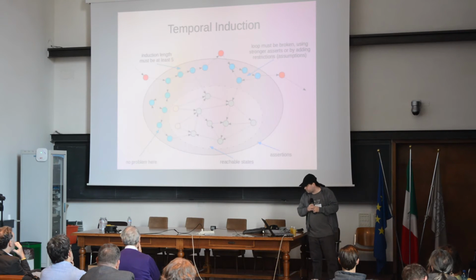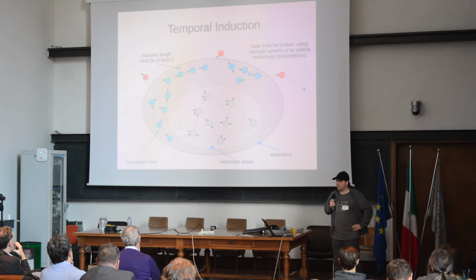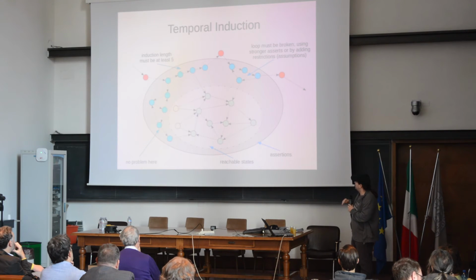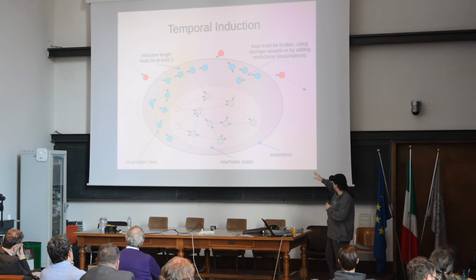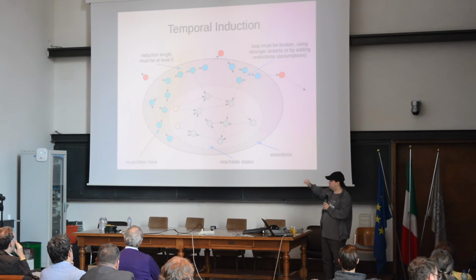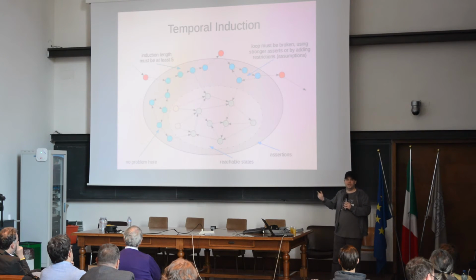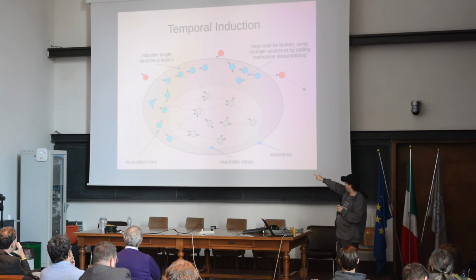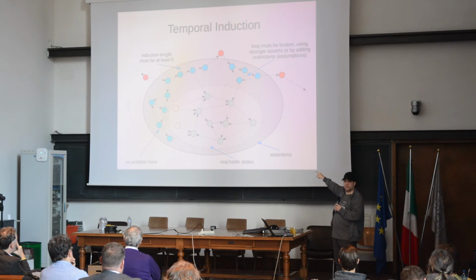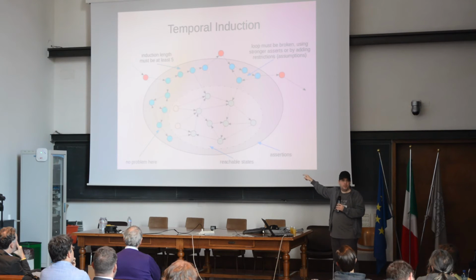Good. So let's look at this at a more realistic example with such a state diagram. So the inner bubble are the reachable states. So of course all initial states are in this inner bubble, and if we follow the arrows that represent state transitions, you can see we can't escape this inner bubble.